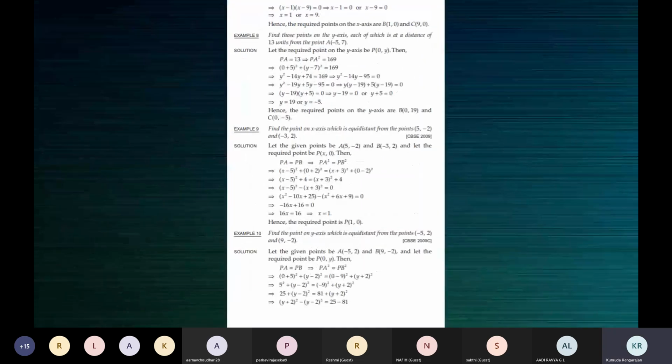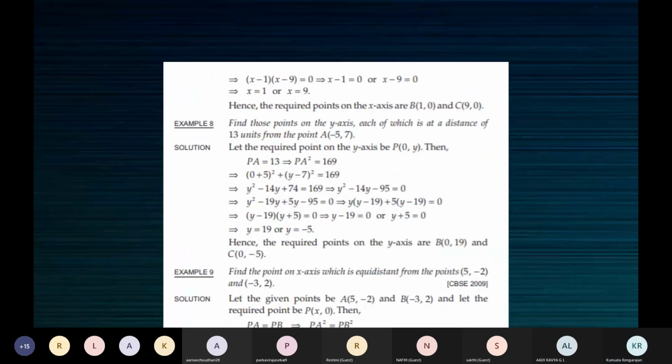This was the x-axis. See here: find those points on the y-axis, each of which is at a distance of 13 units from the point A (-5, 7).